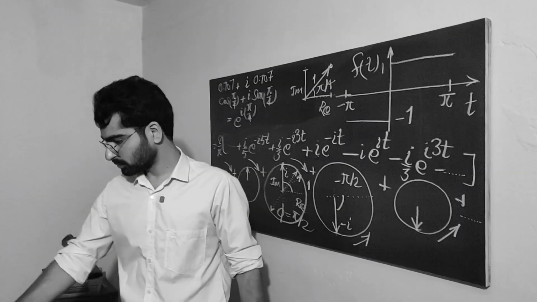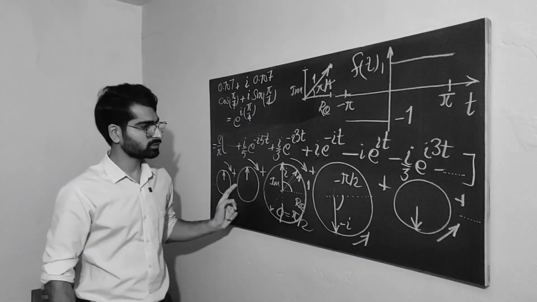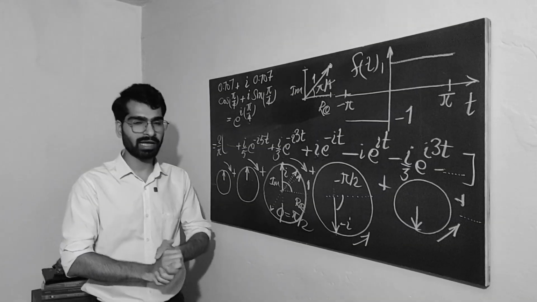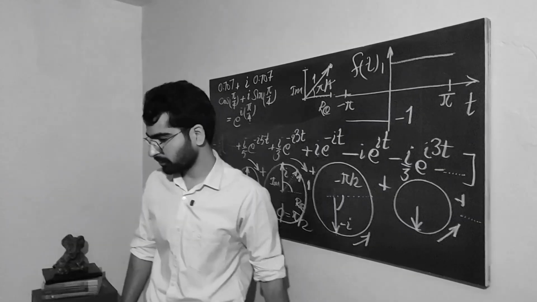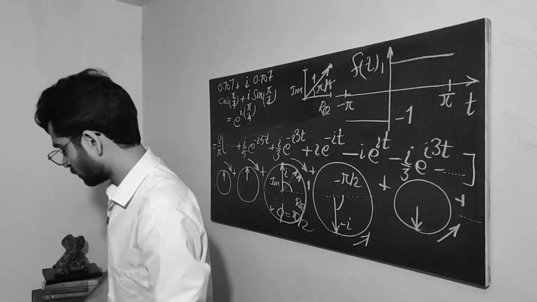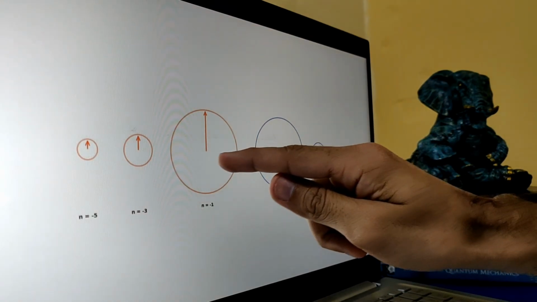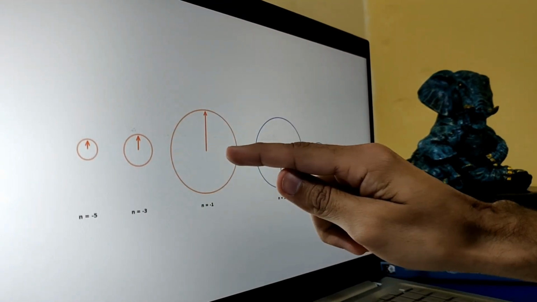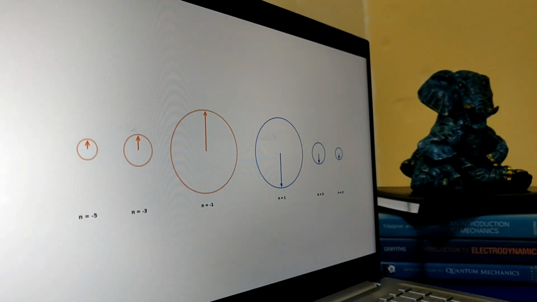And now I want to show you how these rotating vectors, when they combine together, give you a square wave as a function of time. And so negative frequencies start off from the phase angle pi over 2, and positive frequencies at minus pi over 2.